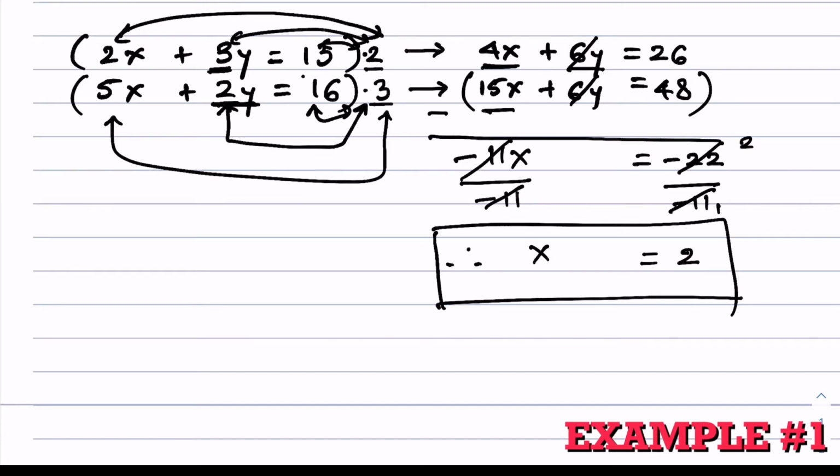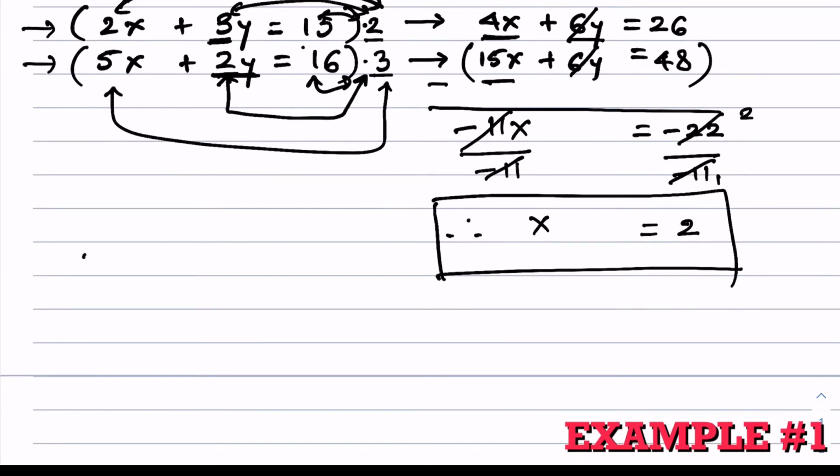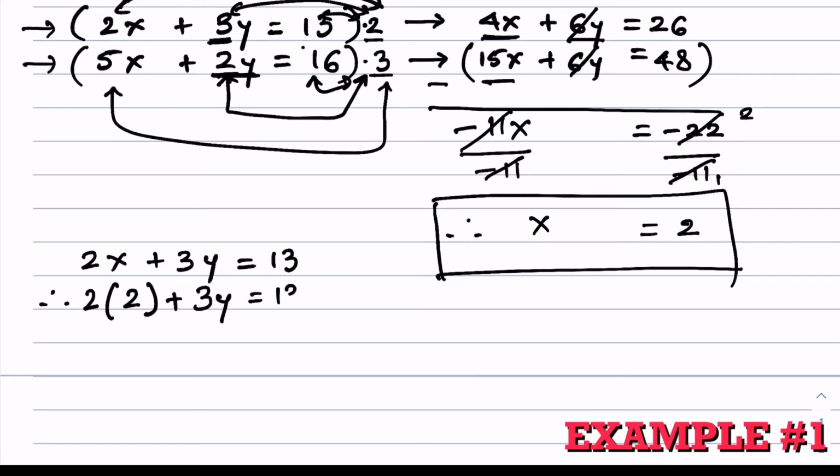Now I have a choice of plugging the x value into either the first equation or the second equation to get the value of y. Let's choose the first equation, 2x plus 3y equal to 13. So 2 times the value of x that I have gotten plus 3y equals 13.